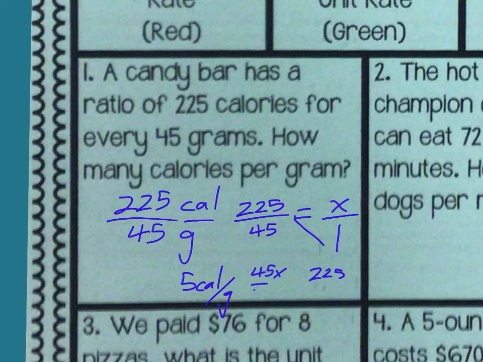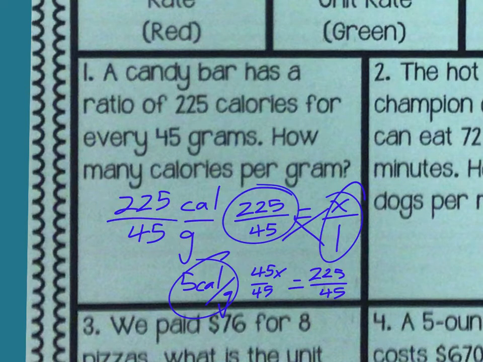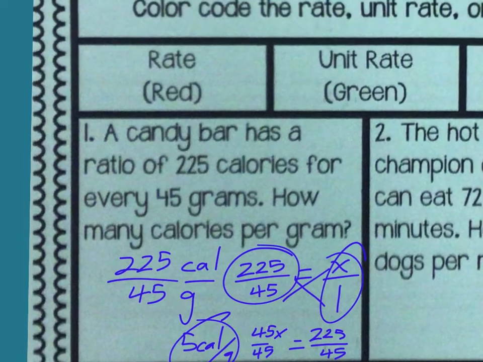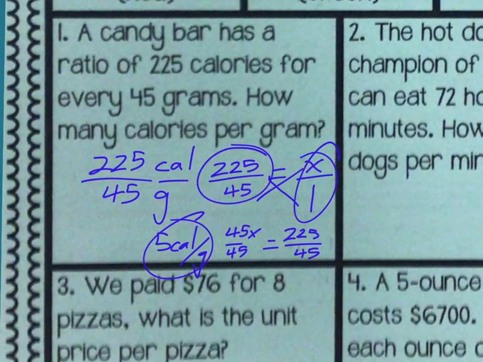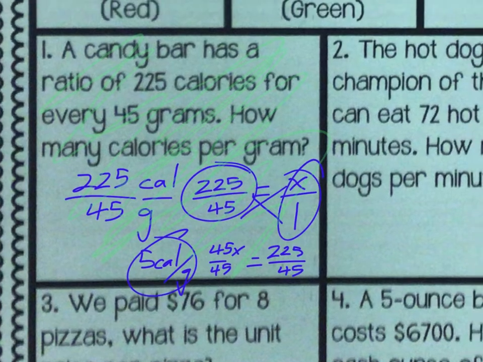Then you divide by 45 and you divide by 45, and it goes 5 times. So that's how you got your 5. You're really doing these steps, but because it's by 1, you can take a shortcut and just divide. And because it is per 1, we know that it is a unit rate. So I guess what they're saying is to shade this all green, because whenever it's per 1, it's a unit rate.